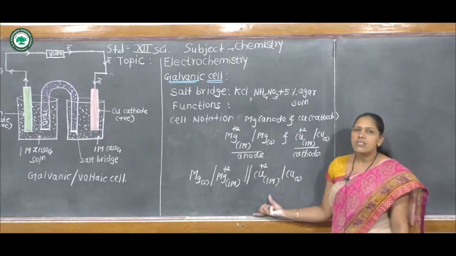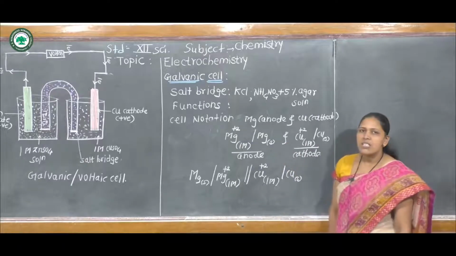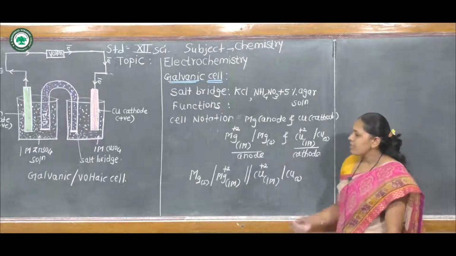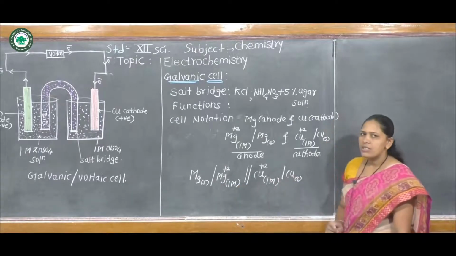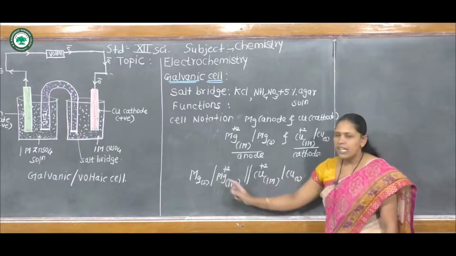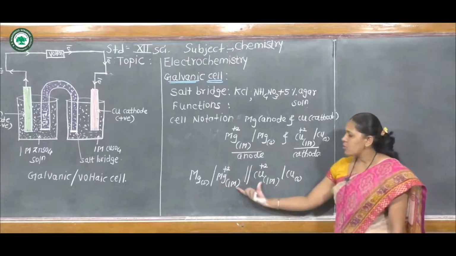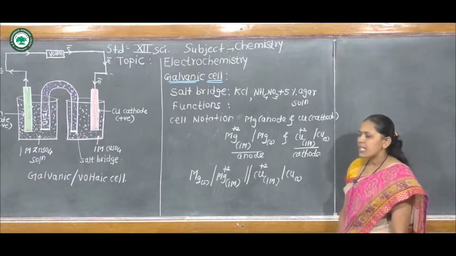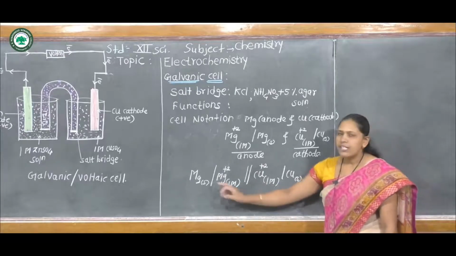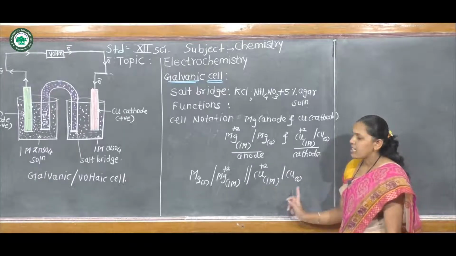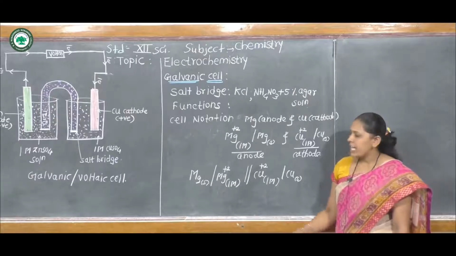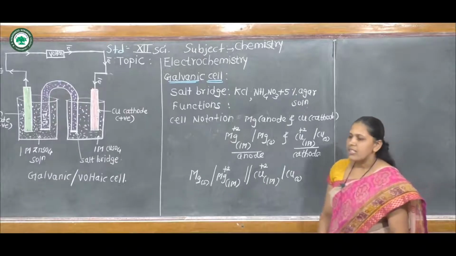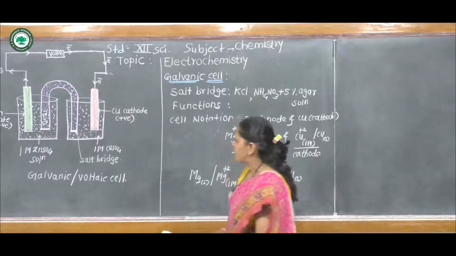This is the cell notation of this electrode. By convention, these two solid electrodes are placed at the ends of the cell formula. Two solutions are placed in the middle of the cell formula. Anode at left hand side and cathode at right hand side. Double vertical line indicates these two solutions are connected by a salt bridge.